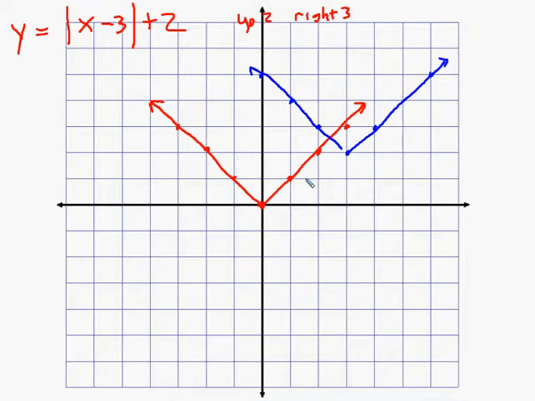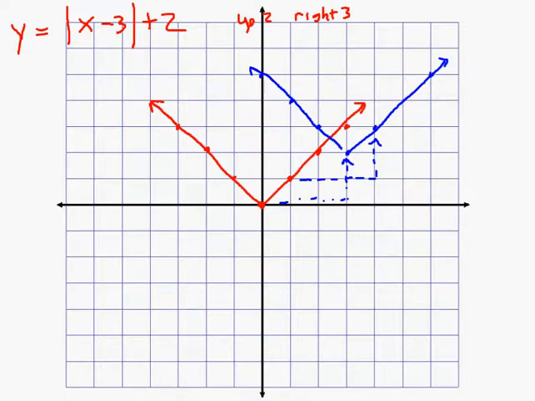And I see I have moved my graph right 3 up 2. All of those points I have moved right 3 up 2. Now that's not a very convenient way to do it, but that's what's happening. That's the transformation. We're going to try it again, okay?